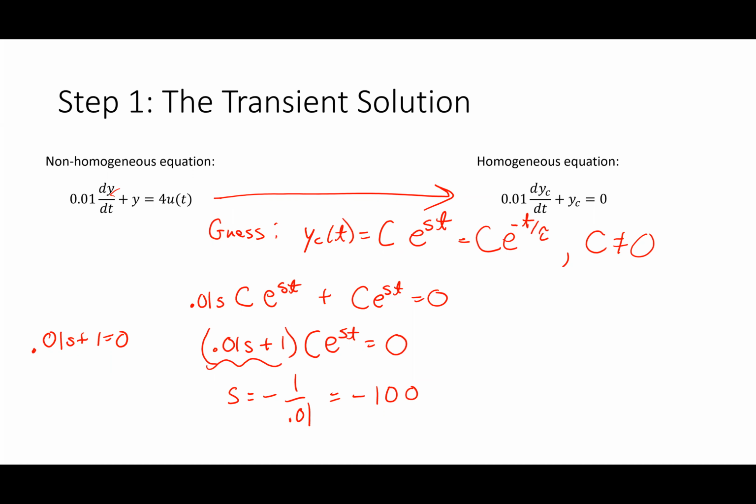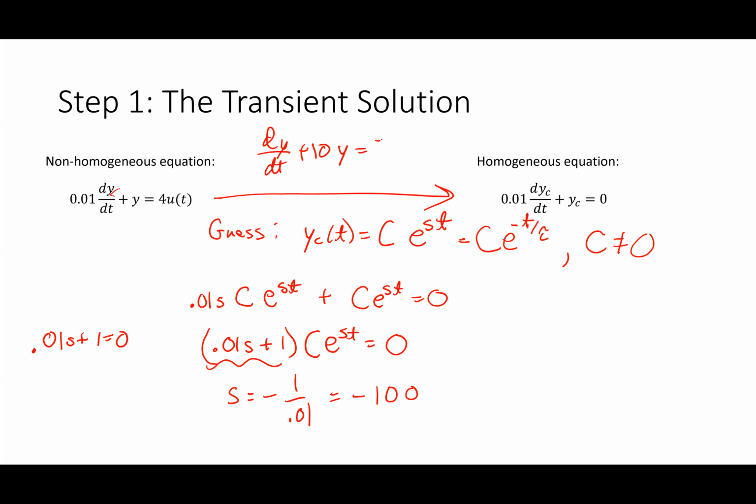It doesn't have to be written that way either. The equation could have been written differently. I could have given you dy by dt plus 10y equals 5u of t, in which case I wouldn't have a -1 necessarily, but I would follow the same approach.